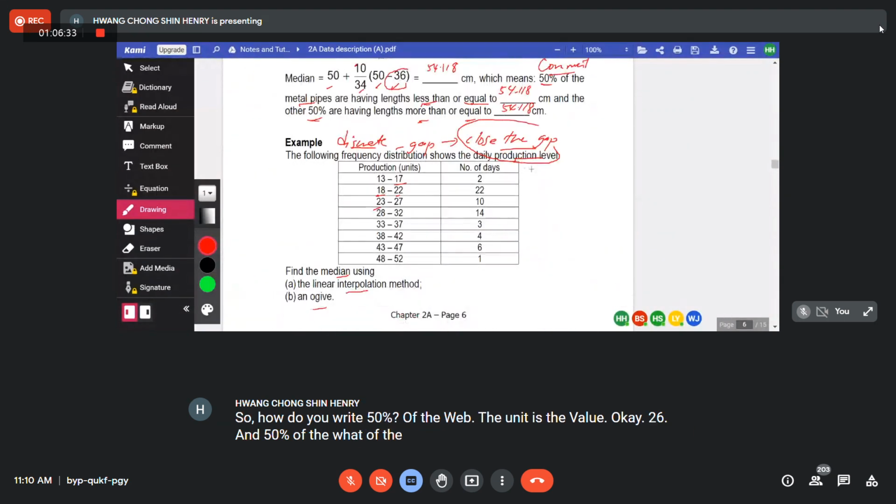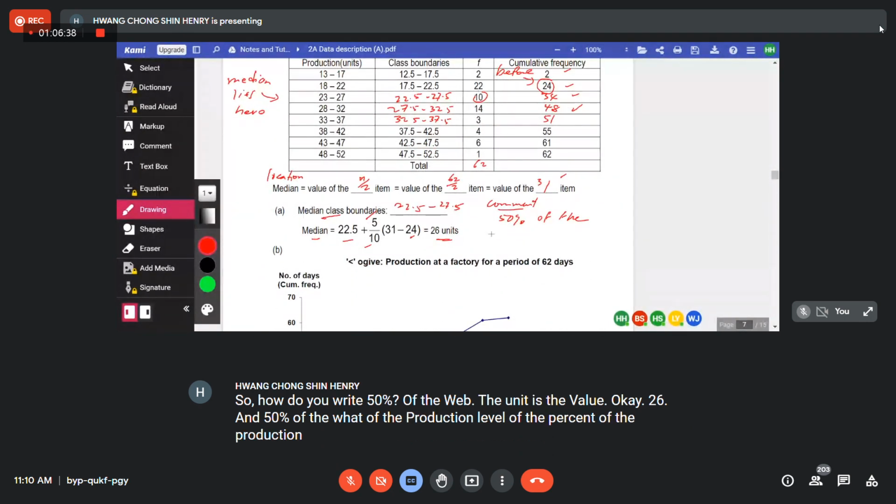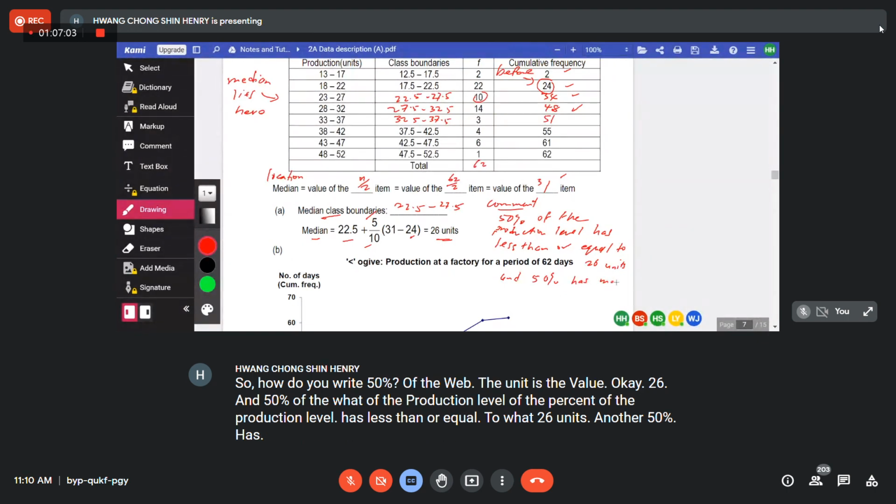Of the production level. 50% of the production level has less than or equal to 26 units, and another 50% has more than or equal to 26 units.